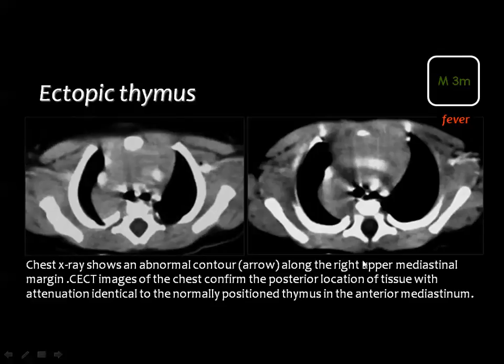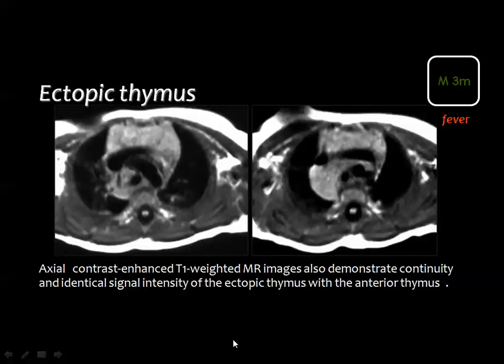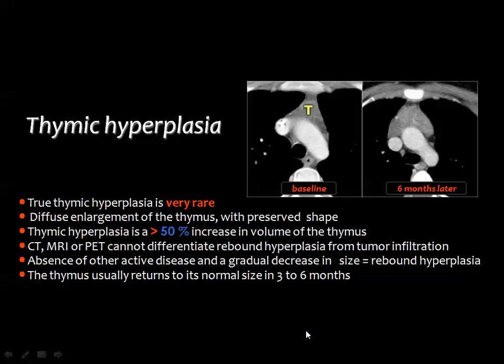And the clue for this lesion to be related to the thymus is its exact similar CT density to the original thymic tissue before contrast, after contrast, and also in MRI in the T1 and T2 and post-gadolinium, the ectopic thymic tissue, which is located in the right paratracheal area posterior to the superior vena cava, should conform with the signal intensity of the original thymus in all pulse sequences.